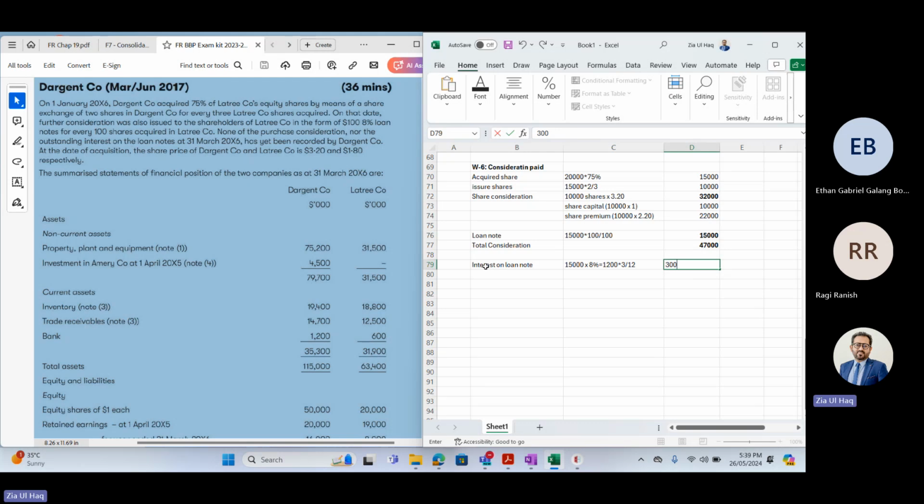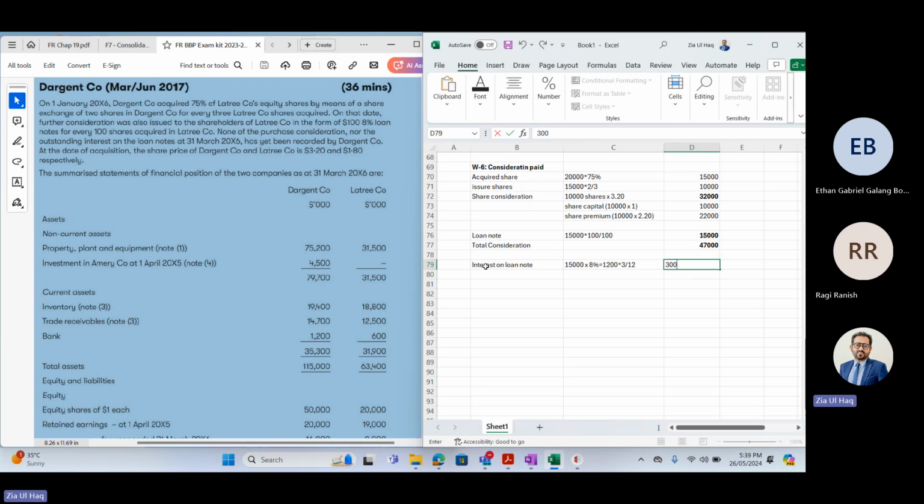Consolidated reserve. In consolidated reserve, we need to adjust this 300, we need to reduce consolidated reserve by this 300. That was not recorded because all the current year profit is going into consolidated reserve.